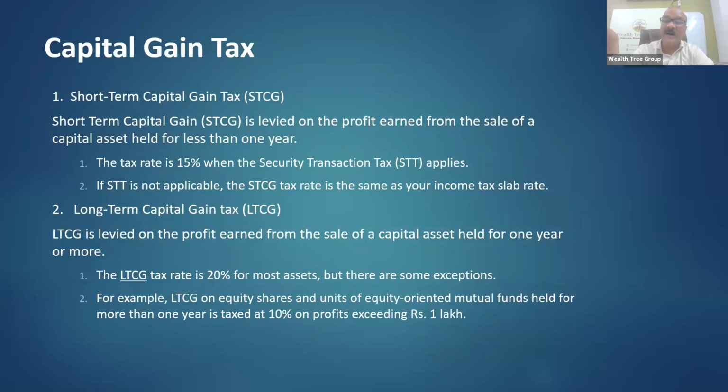So if you bought a house and sold it for 50 lakhs, and in the same financial year you invest that 50 lakhs in another house, there is no need to pay. You can defer your tax for some more years until you sell that property.